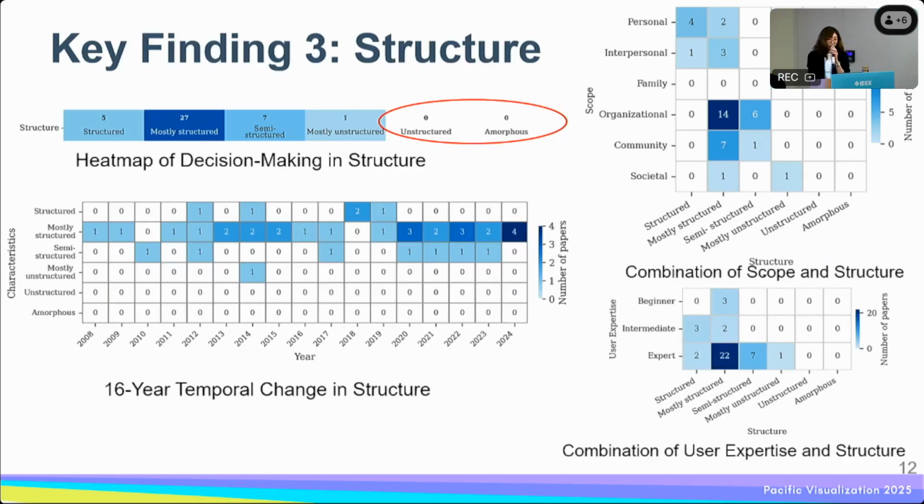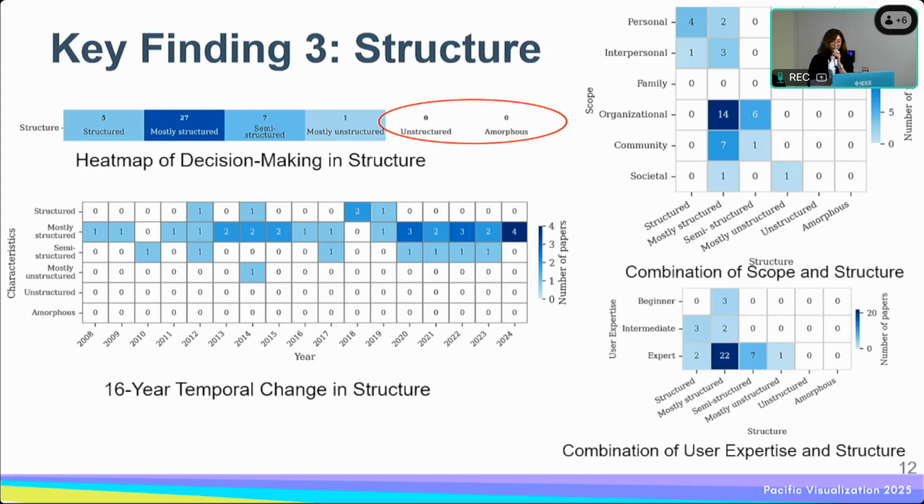Our third key finding is that data visualization is gradually expanding its support toward semi-structured decision problems. Historically, visualization has primarily supported structured problems. This pattern has been consistent from 2008 to 2024.